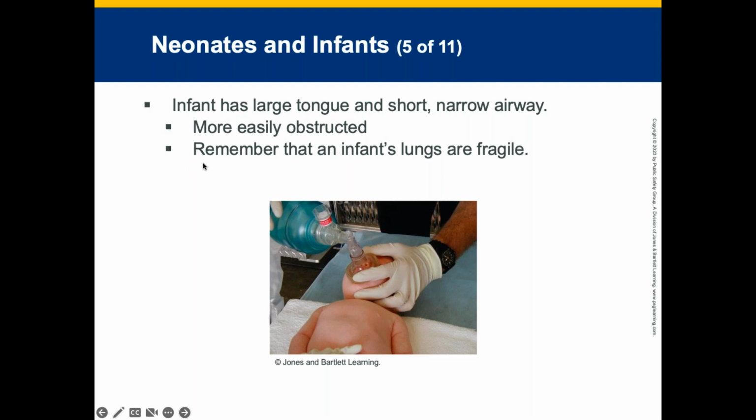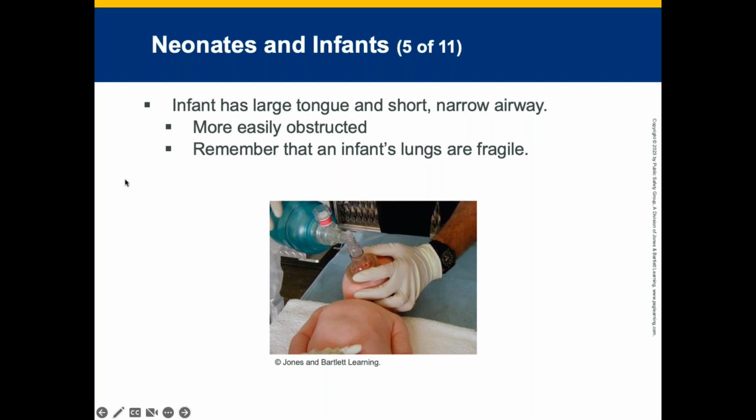But what about the actual structure of it? Yeah, Kobe's saying the tongue is larger. Yep. What else? Why would the airway be more easily obstructed? Why is it less stable? Because the tongue can turn into an airway obstruction. Yep. Okay, that's good. Exactly, they can.